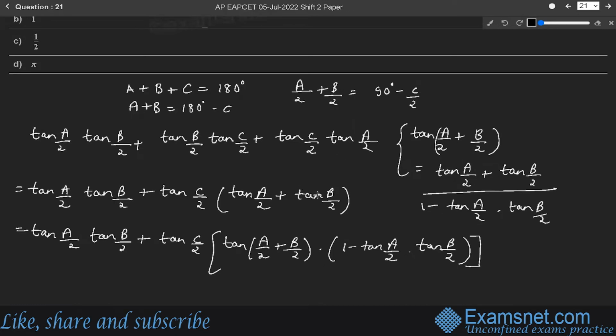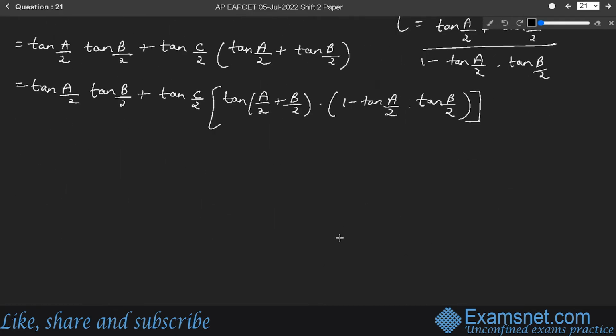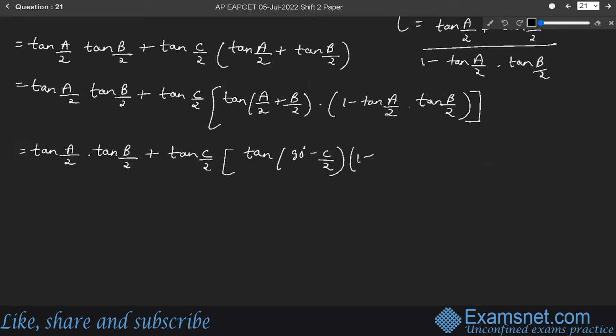Now further it will be equal to tan A by 2 into tan B by 2 plus tan C by 2 into tan of 90 degrees minus C by 2, since we know that A by 2 plus B by 2 is equal to 90 degrees minus C by 2, into 1 minus tan A by 2 into tan B by 2.